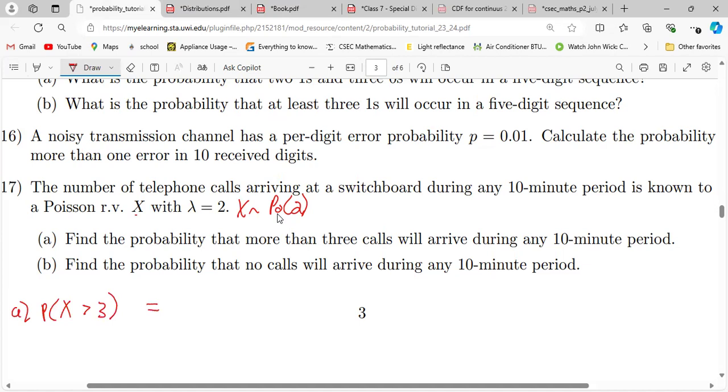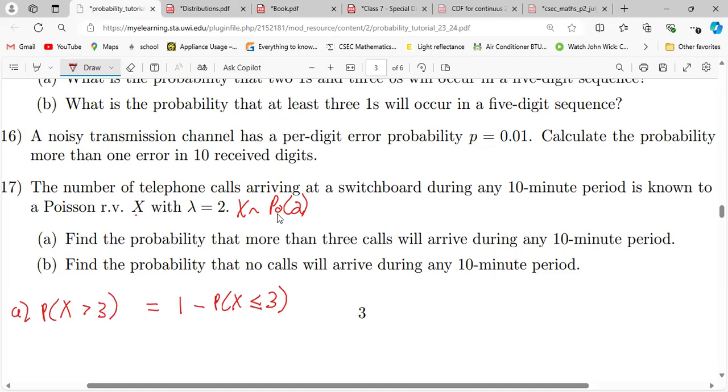So this would just be 1 minus the probability X is less than or equal to 3. Since it said more than 3, that starts at 4, so it has to be equal to 3 here.